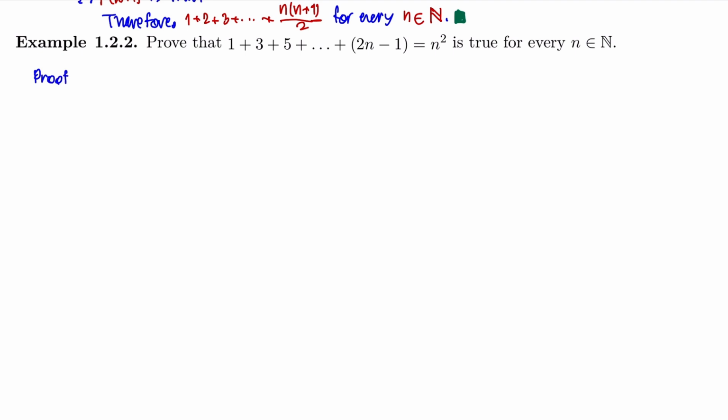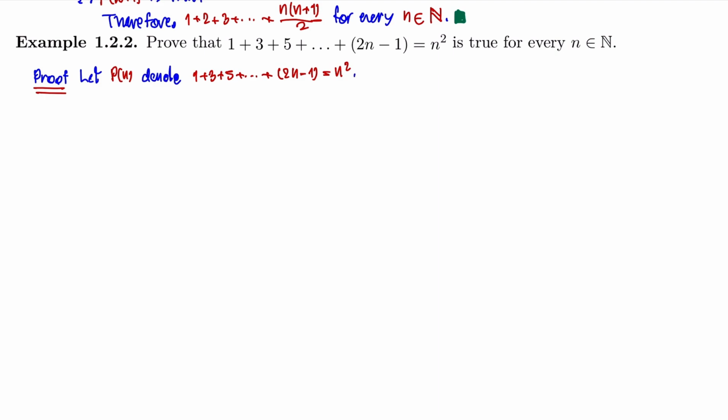So we start with this. We let P(n) denote 1 plus 3 plus 5 plus all the way to 2n minus 1 equals n squared.